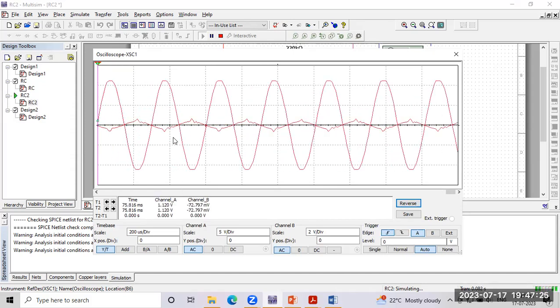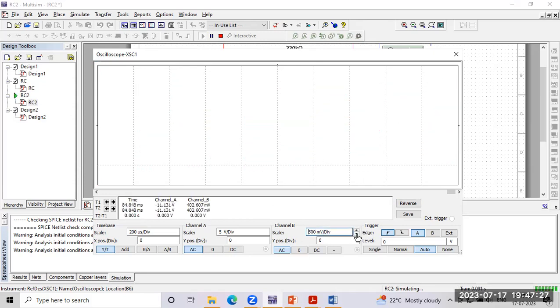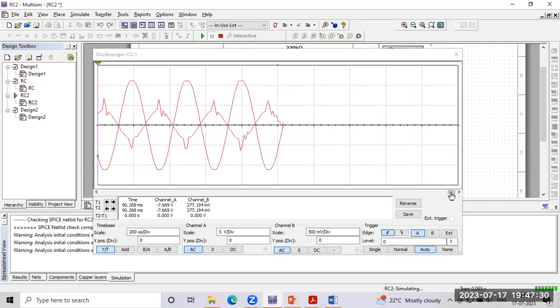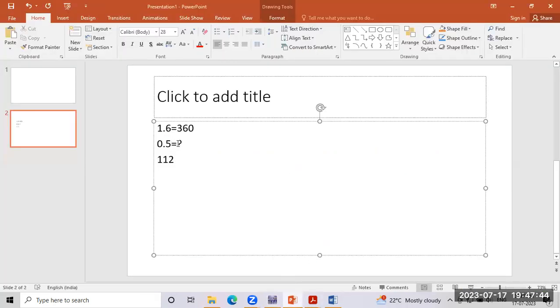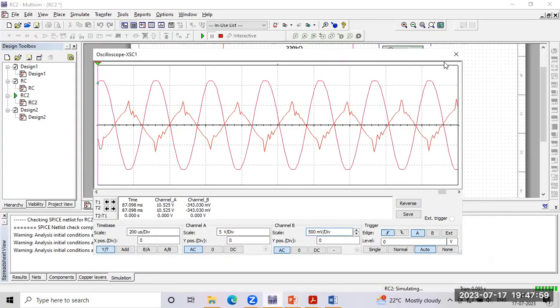Even if there is a distortion, it's okay, it will give a 180-degree phase shift. Measure: 0.1, 0.3, 0.5, 0.7, 0.8. Observe here, 0.8. Calculate 0.8 into 360 degrees divided by 1.6: exactly 180 degrees. This is how we should check the output.